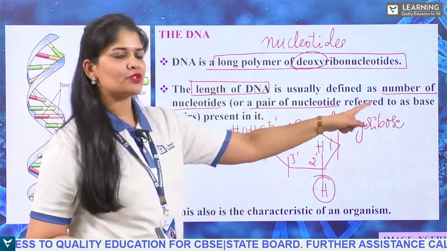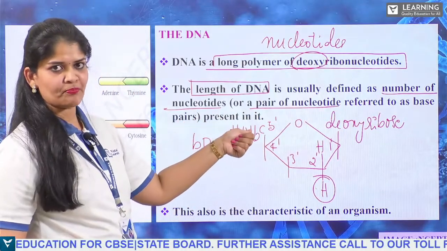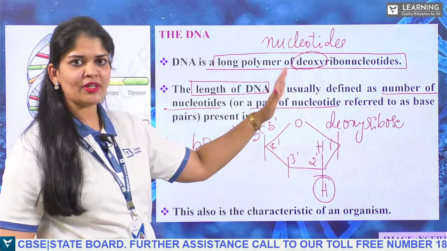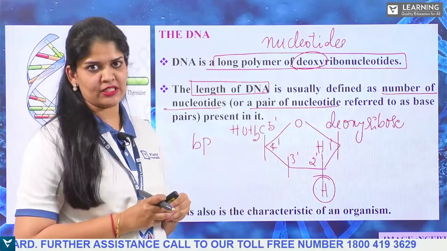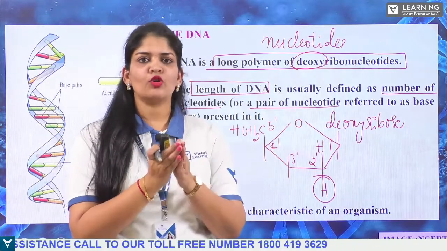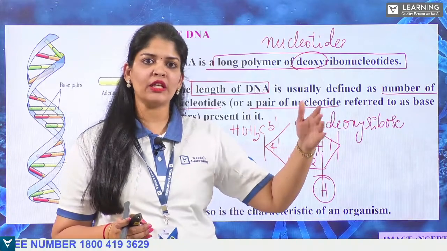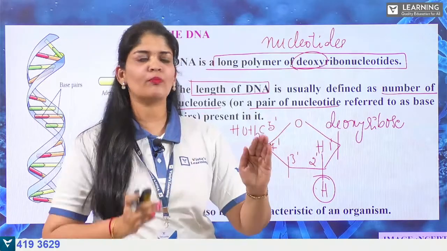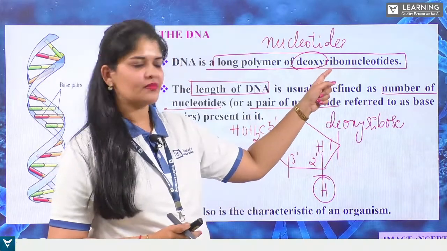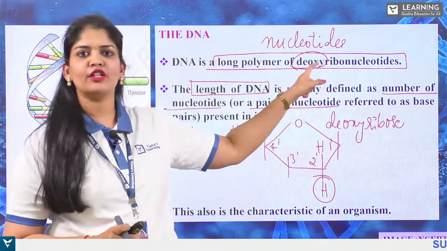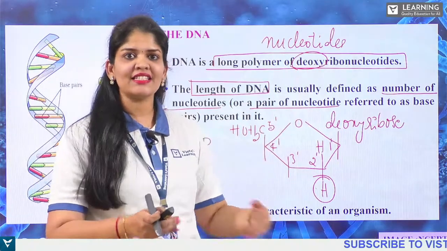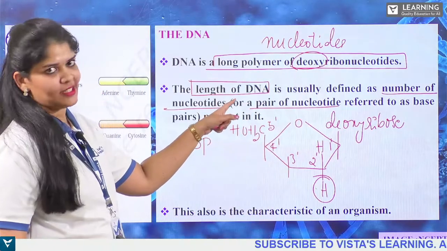The length of the DNA is usually defined as the number of nucleotides present. As we already know, monomeric units are nucleotides. How many monomeric units combine together to form the polynucleotide, that long polymer of deoxyribonucleic acid? That is the length of the DNA.